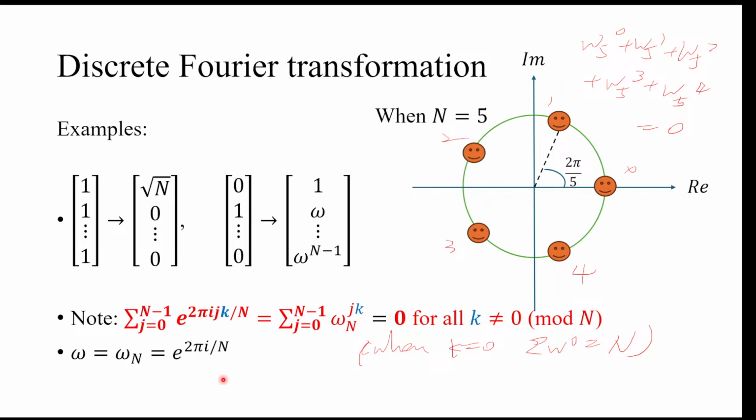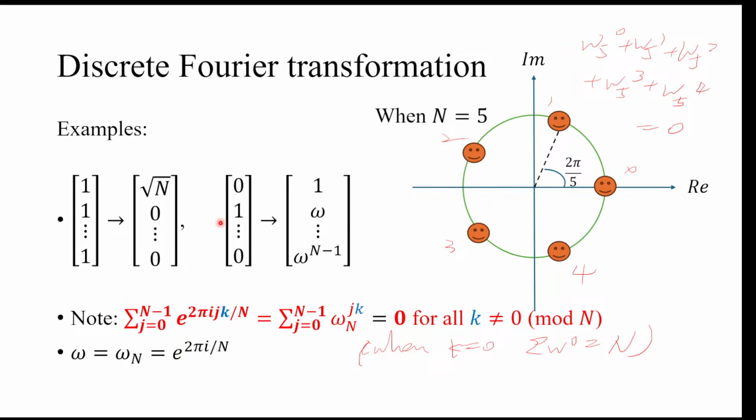And from this you can easily show that if you apply Fourier transform on a vector that's all equal weight, so 1, 1, 1, 1, then you will get square root n on the first element and all 0 elsewhere, because the square root n corresponds to k equal to 0, and all those 0s correspond to all those other k.